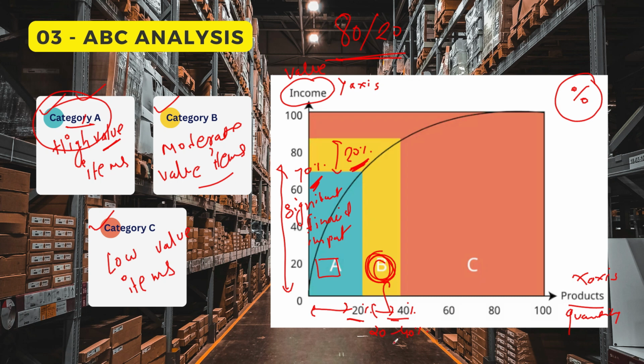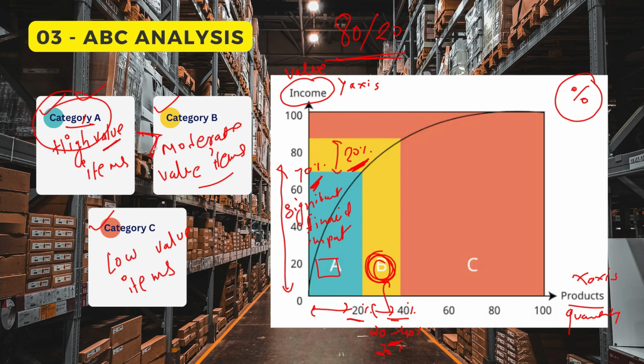So their stock is also almost 20%, and their output, their income, their value is also 20%. So they require less control as compared to category A.